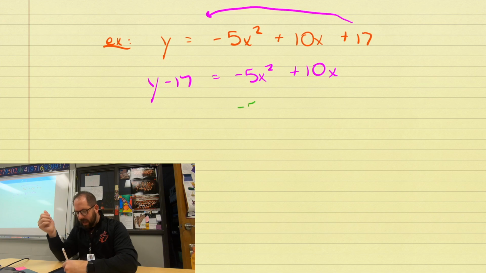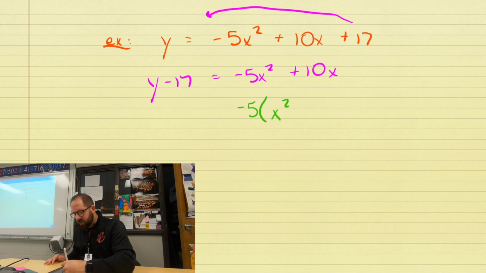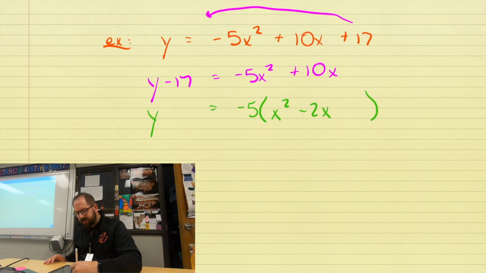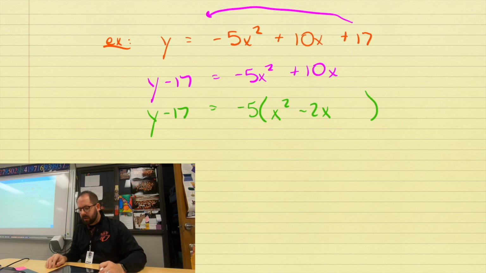So I'll have an x squared, because negative 5 divided by negative 5 is 1x squared. 10 divided by negative 5 is negative 2x. And on the other side, I have y minus 17. That's dividing the negative 5 out, putting it outside the parenthesis, dividing both numbers by negative 5.